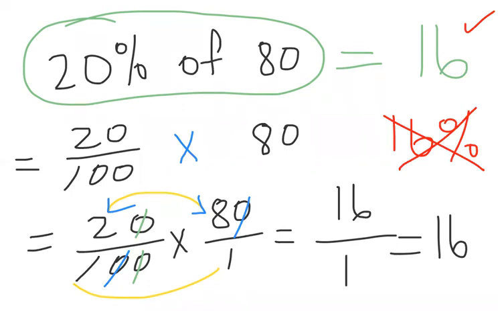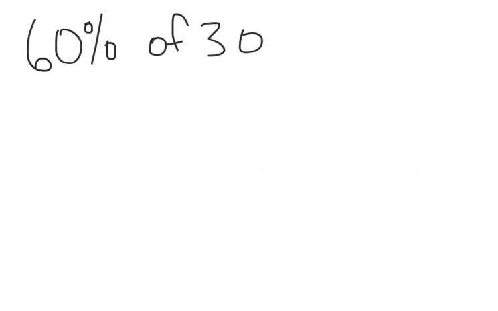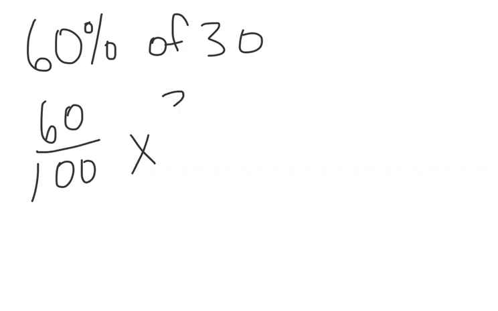Let's do another example. So you have 60% of 30. Now you already know that is 60 divided by 100, and of is multiplication. And the 30, I'm going to write 30 over 1. Same as the previous example, you can just cancel that 0 and that 0, and there's another 0 at the bottom and a 0 at the top.